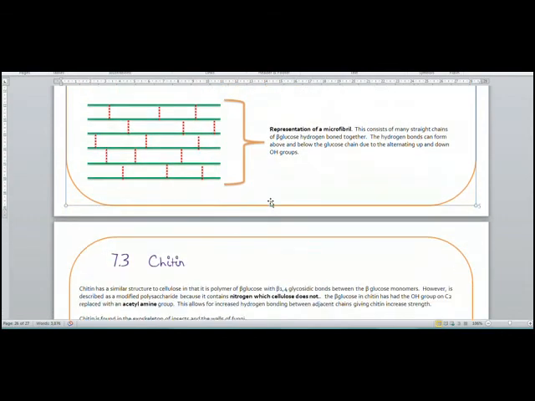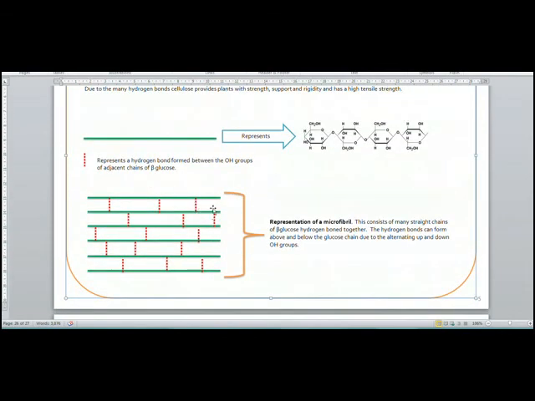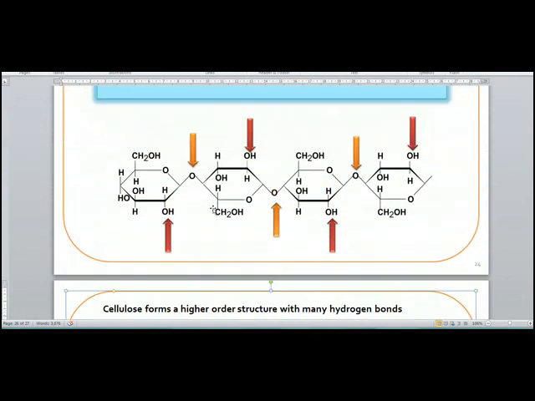Now those hydrogen bonds are being formed between the OH groups. Okay, so there's an OH group there, an OH group. Just to remind you that in the structure of cellulose you have every other beta-glucose monomer being flipped by 180 degrees, and that causes the OH groups to point down and to point up.